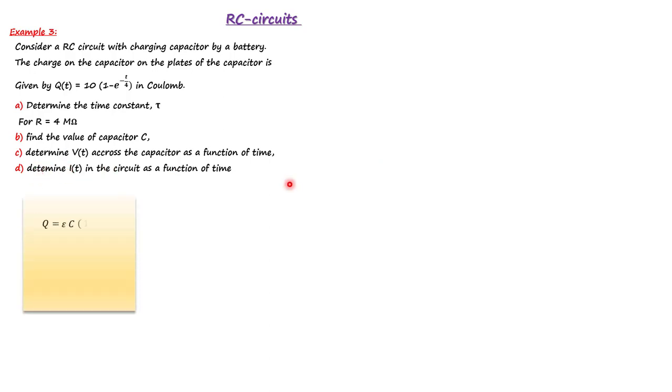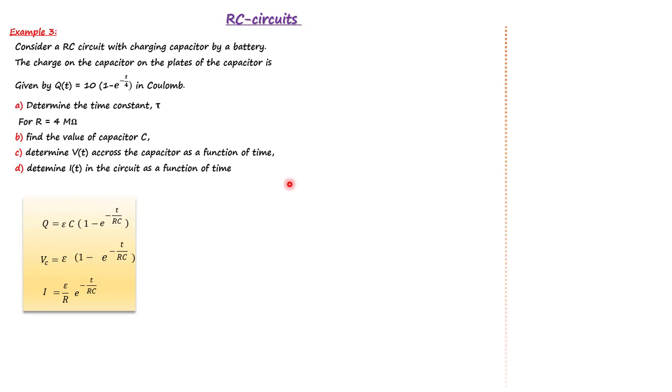Let's write down the main equation here. So this is the main equation. So we can get Vc, which is Q over C, equal to epsilon times 1 minus e to the minus t over RC. We can also write down the current dQ over dt, epsilon over R e to the minus t over RC. Then we are ready for the solution.